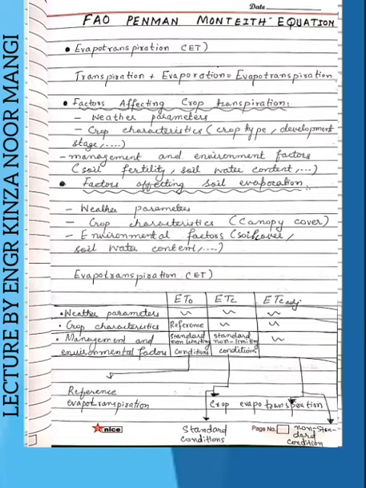If there is no availability of water, then there is a likely chance that the plants are under water stress. In the field we cannot control so many things 100 percent.